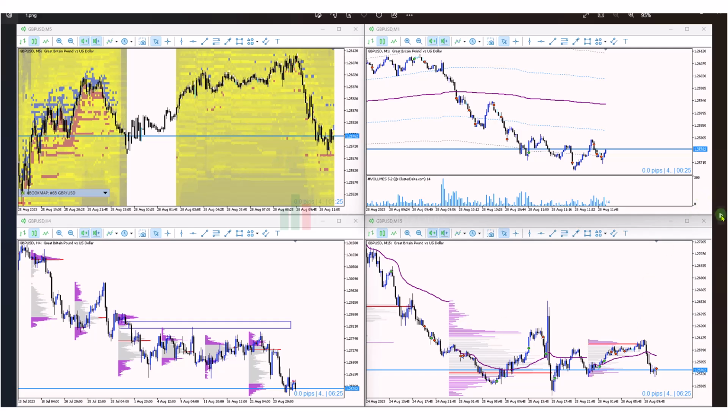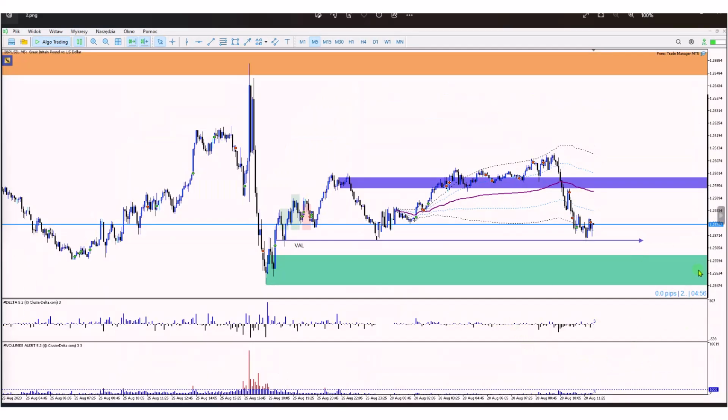Okay, next window. My main screen, the middle one, is on M5. I mark here my delta zones. You can find a lot about this in the library section for new members. This is definitely after the course, okay?